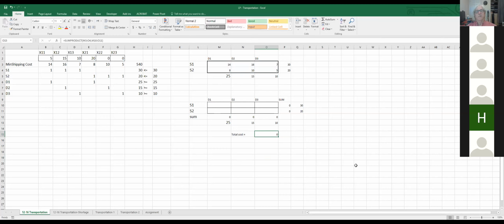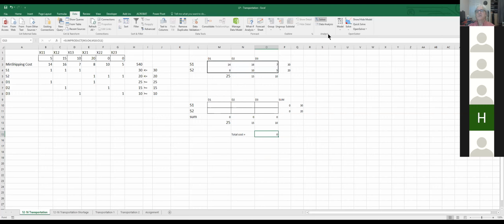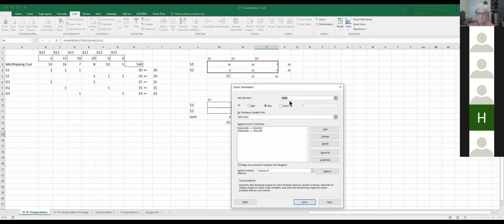Okay, I'm going now to Solver to enter this model. So I'll have to delete the model that I have because it's no good anymore. Everything is different. Now, first of all, the objective function.